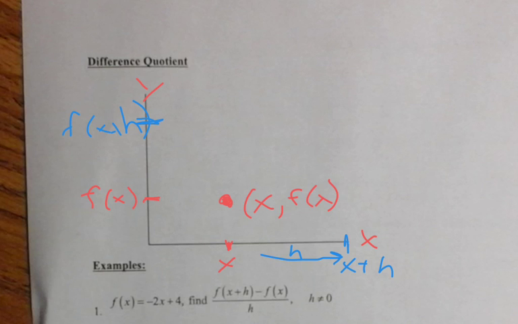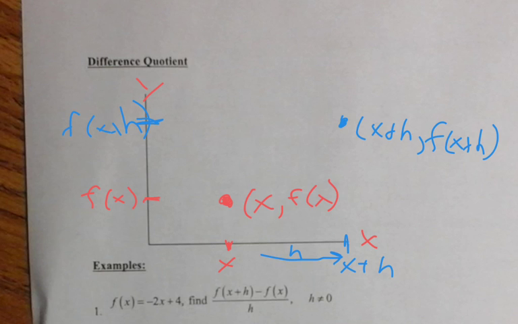So if we were to put a point right here, we could label that the point x plus h, comma, f of x plus h.